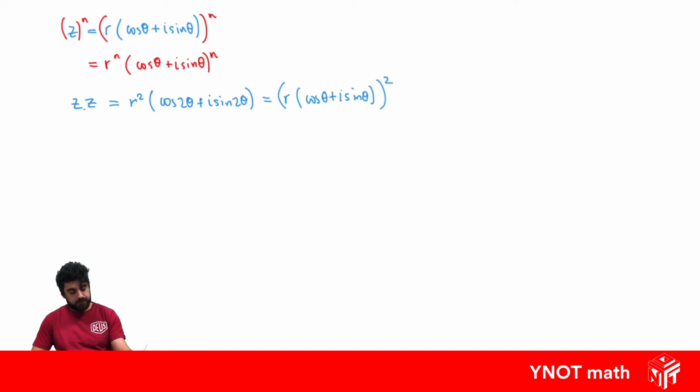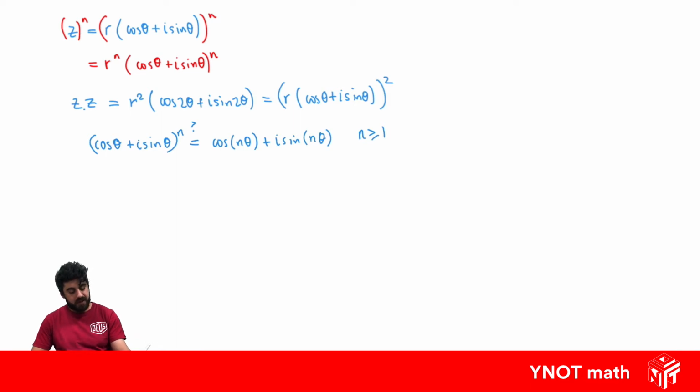So we want to know, does cos theta plus i sine theta all to the n equal cos of n theta plus i sine n theta? We want to know if that's true, because if that's true, it'll work for every value of n, and this is for values of n greater than or equal to 1.